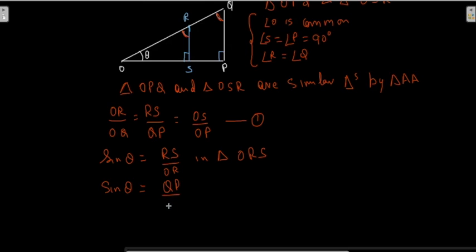What is the hypotenuse? OQ. Now from this equation number 1, what values do we have? We have RS, OR, QP, OQ.